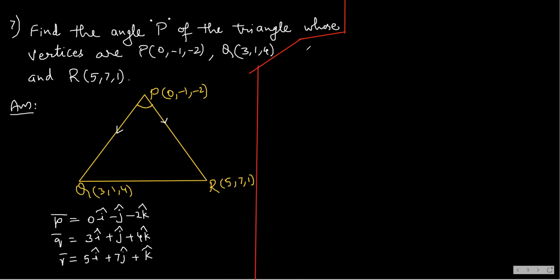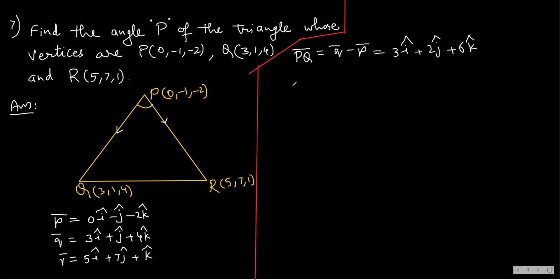So PQ bar equals Q bar minus P bar. Here I get 3 i cap plus 2 j cap, subtracting P bar from Q bar, plus 6 k cap.